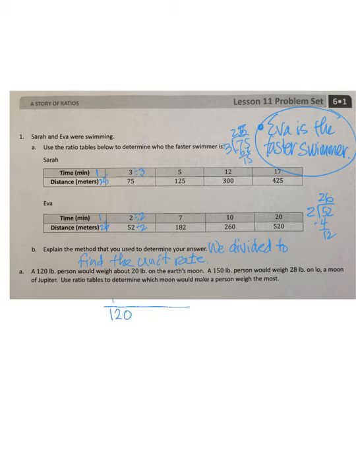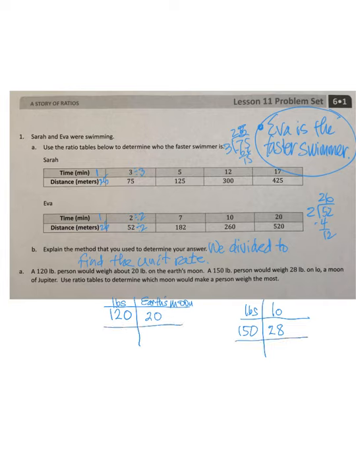I'm going to just go pounds, and then we've got the Earth's moon, and they just said that was 20. So right there, I can divide each side by 10. Okay, so here was pounds, and then I'm going to go Io. So it was 150, and then this one was 28.